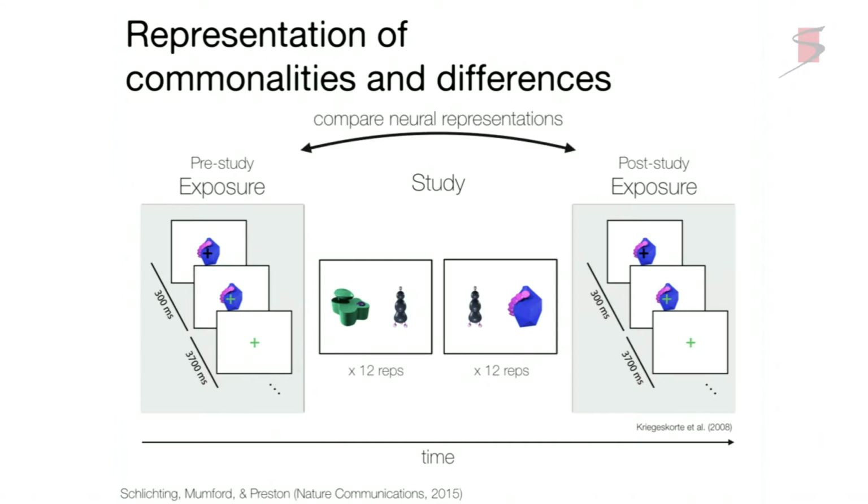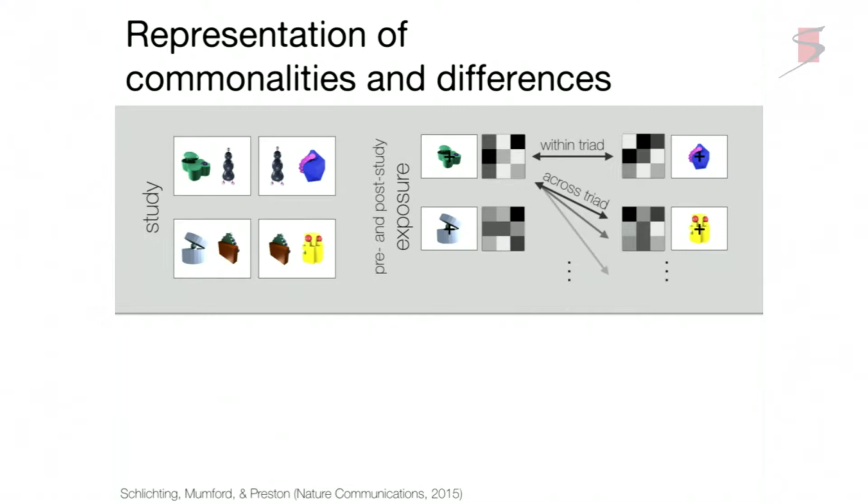The idea is we can compare the neural representations and how they shift as a function of learning these overlapping associations. For this green one, we can get a pattern of activation during the pre-exposure phase and the post-exposure phase and compare it to the pattern of activation elicited by its indirectly related associate here, as well as the ones that it shouldn't share a relationship with, right?